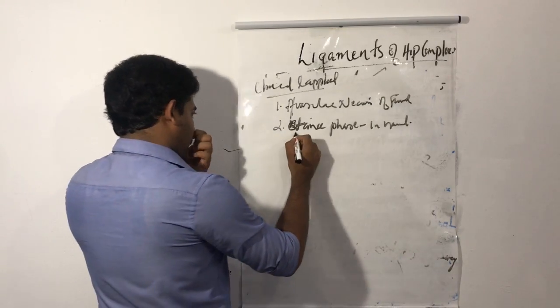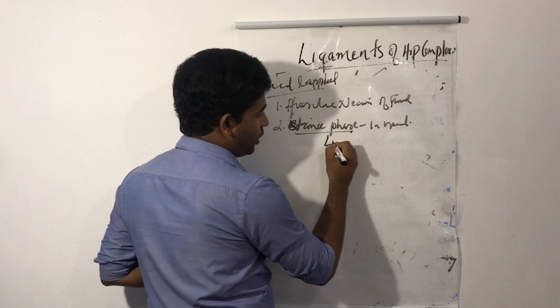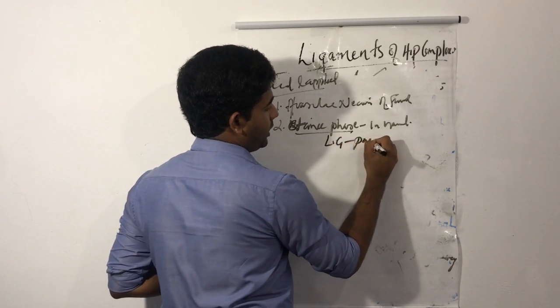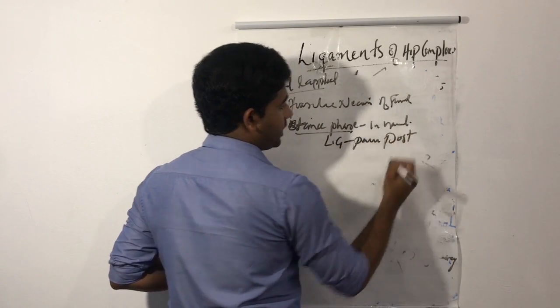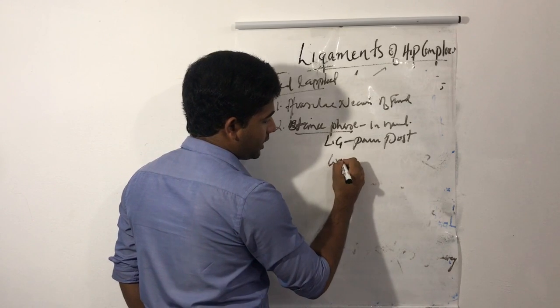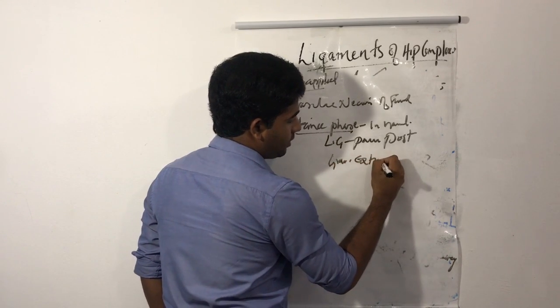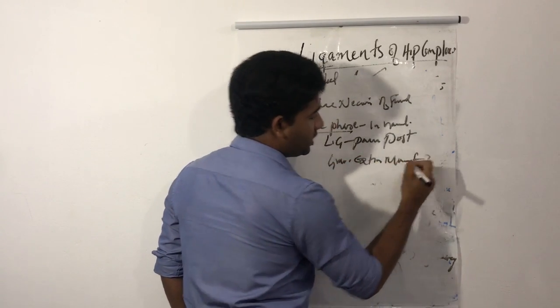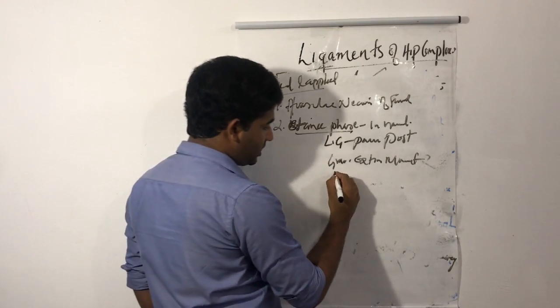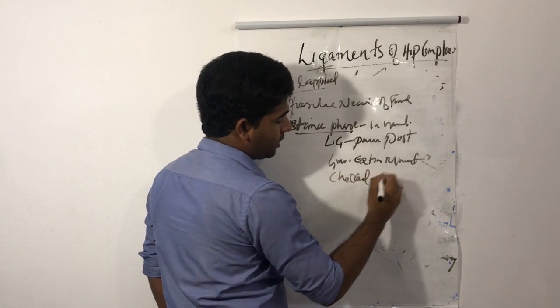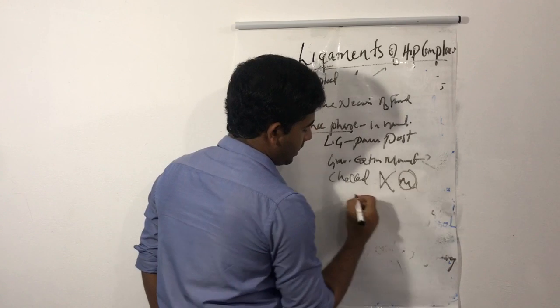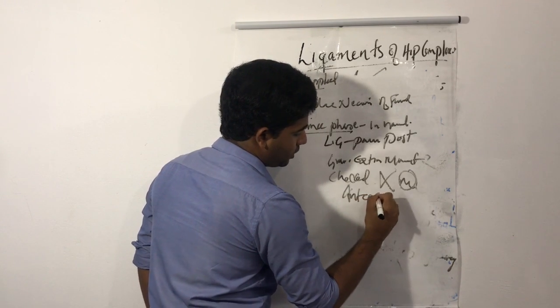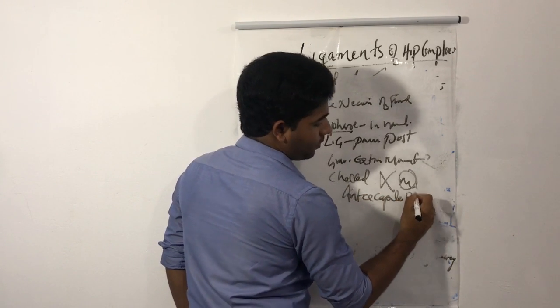So we have to write: in normal stance, the line of gravity passes posteriorly, and it provides a gravitational extension moment. If this moment is unchecked, we may fall back, and that is checked not by the muscles, but by the anterior capsule and ligaments.